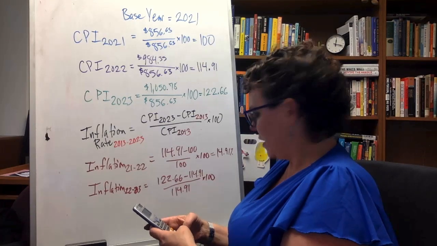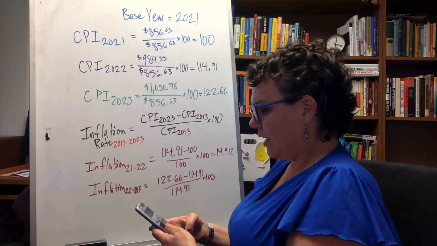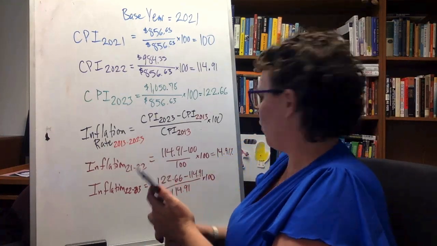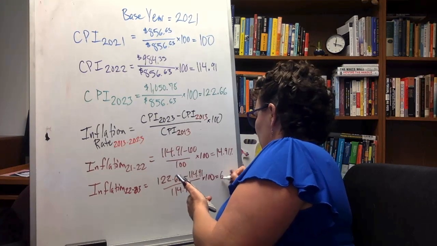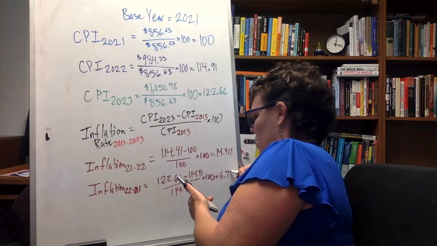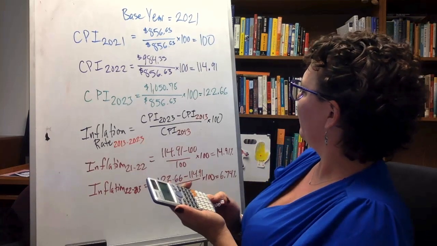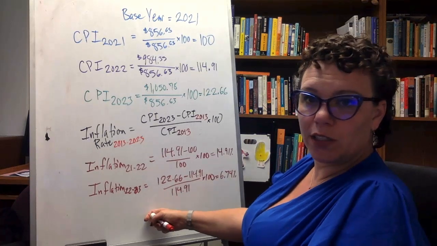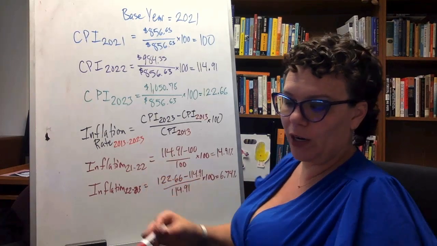I'm going to go ahead and divide that by 114.91, and I get 0.06744, which is going to be 6.74%. So I can see that the inflation rate increased, but at a smaller rate from 2022 to 2023 than it did from 2021 to 2022.